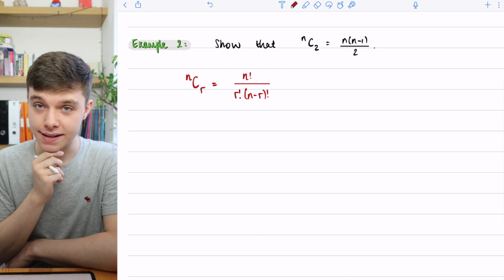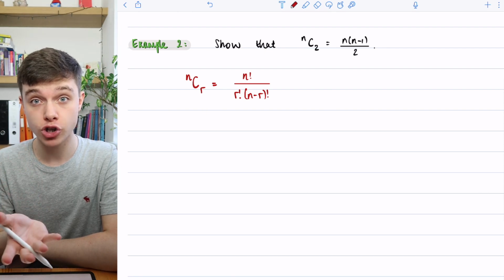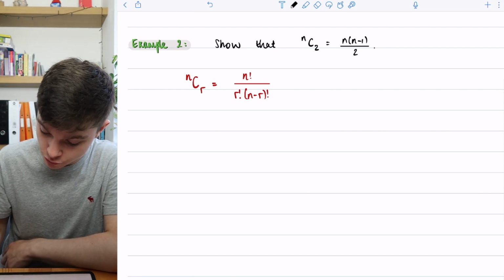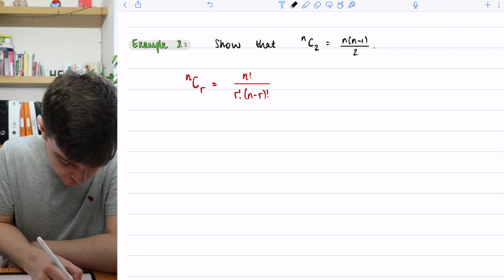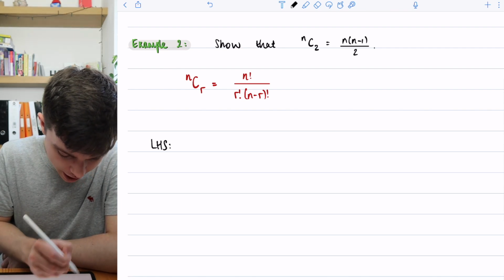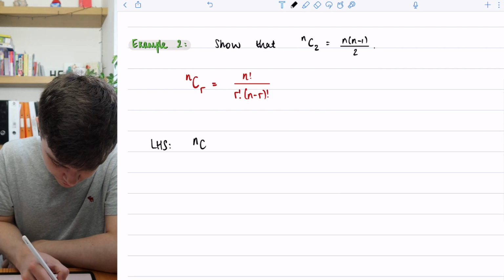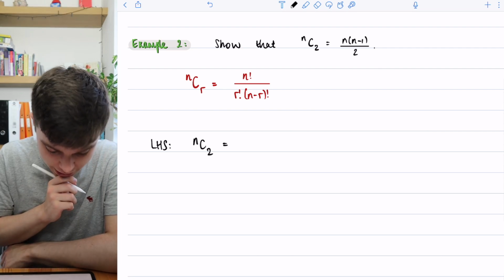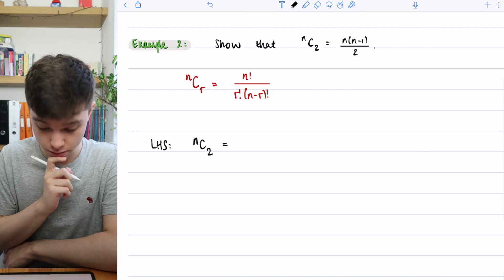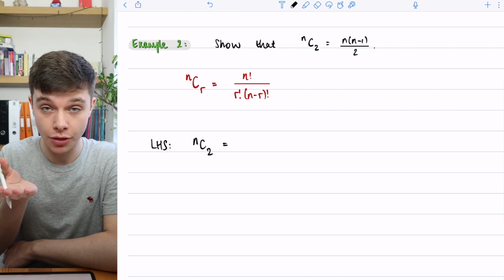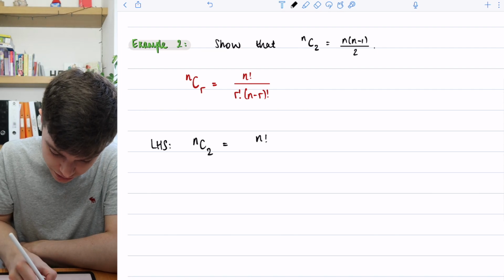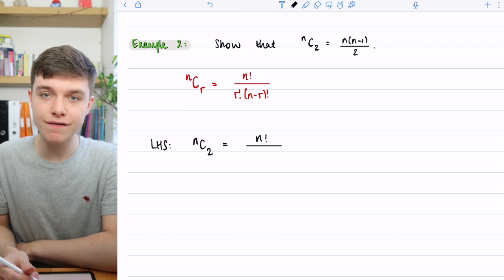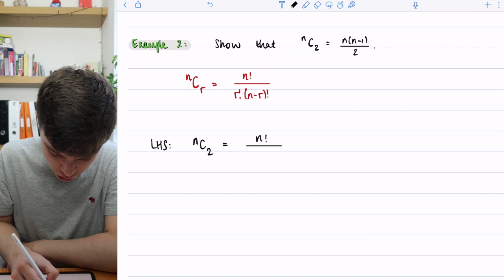Now I don't know what n is in this question, but I do know what r is: 2. So I can replace the r with a 2. Starting my proof here, on the left hand side I have n choose 2. And I basically want to get what that is on the right hand side. So let's plug into the definition. I have n factorial divided by r factorial, which I know is 2.